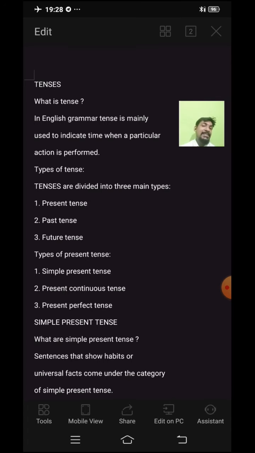So tenses. What are tenses? The answer that I've written, that in English grammar, tense is mainly used to indicate time when a particular action is performed. My dear students, almost every day we perform some or the other action.